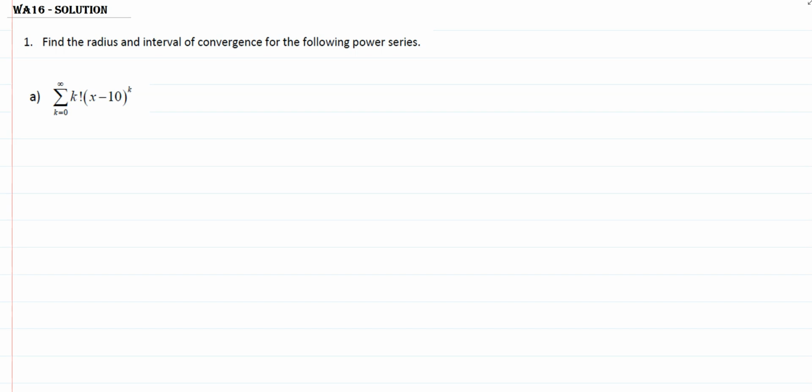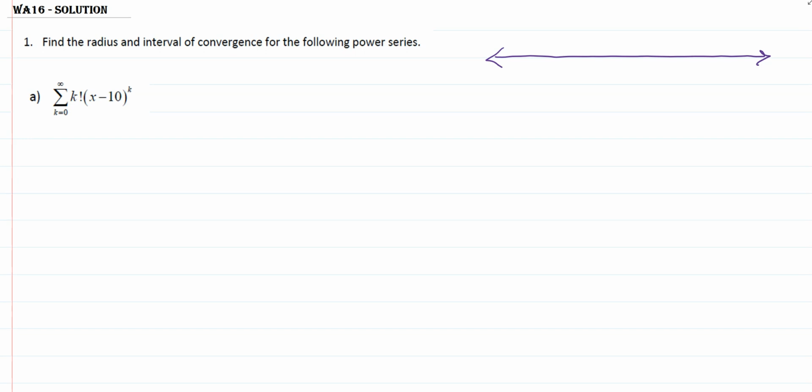Okay, so if we look at what it means to find the radius of convergence and interval of convergence, we're talking about a series. When we use the ratio test and the root test, which is what we do to find the radius and interval of convergence, it is going to depend on the value x.